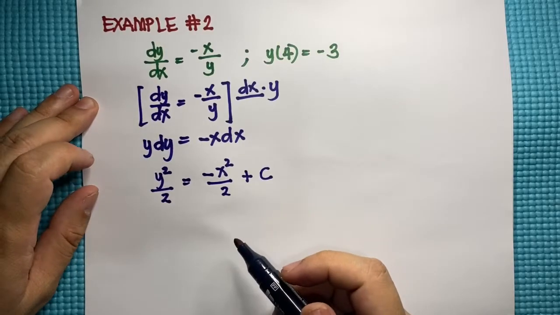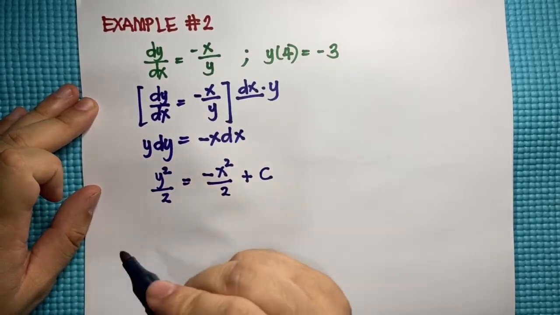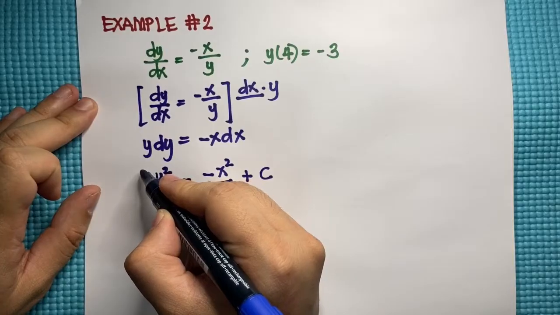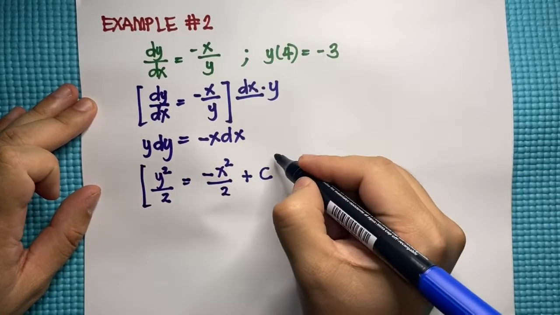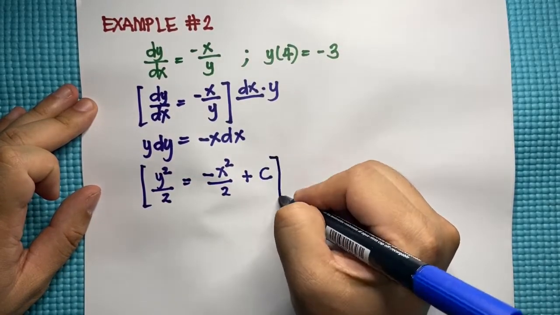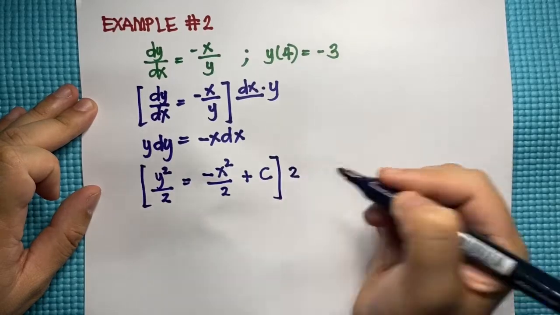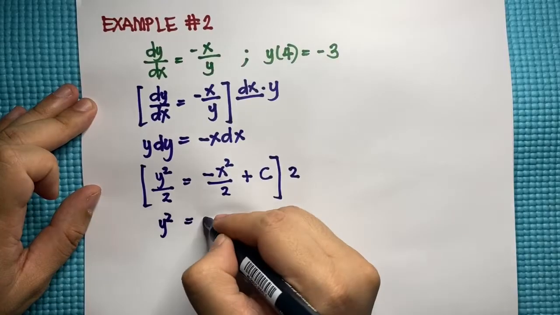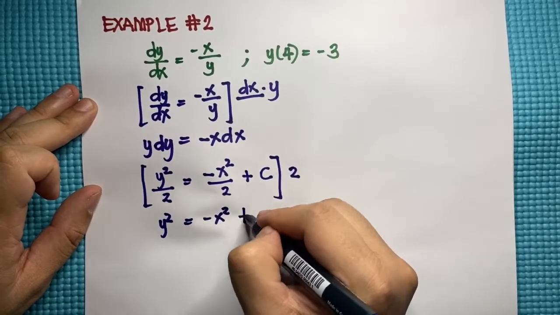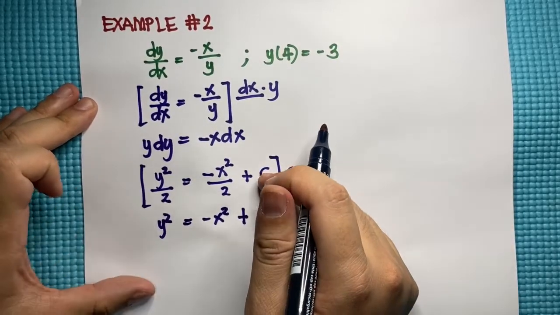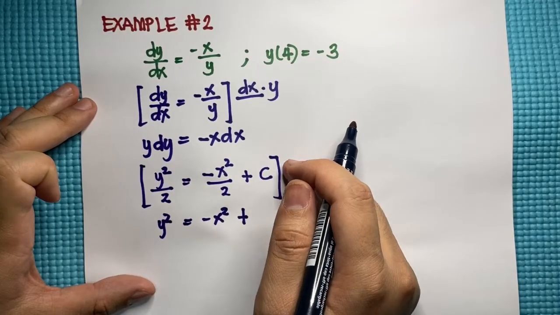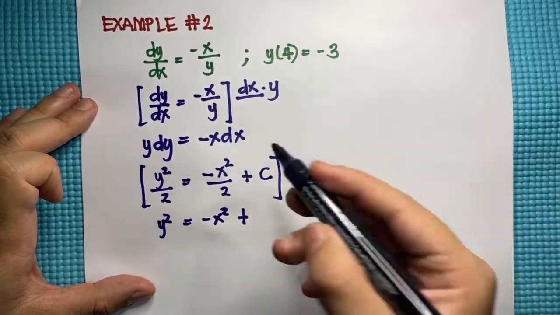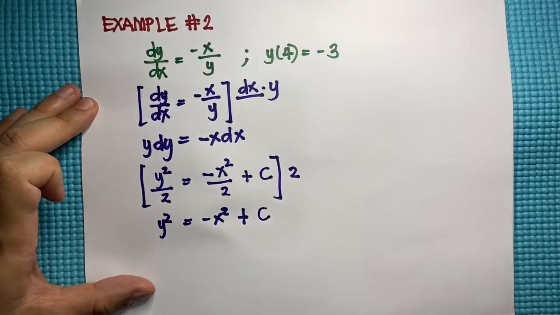And then if we want to simplify the expression of our general solution, we will be multiplying everything by 2, giving us y squared equals negative x squared, and then plus 2 multiplied with a constant c, that would still be a constant c, so giving us plus c.